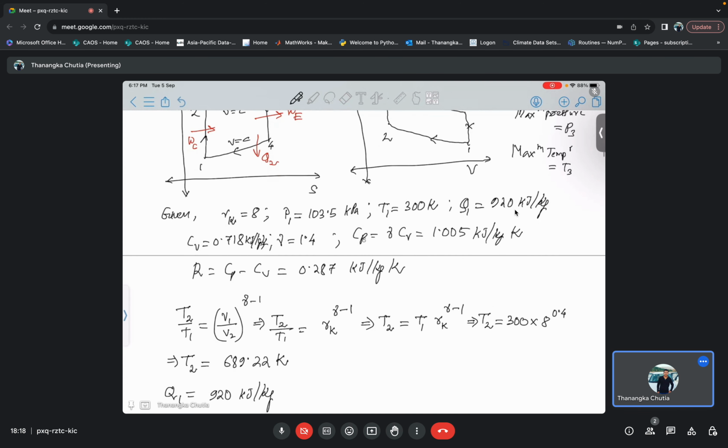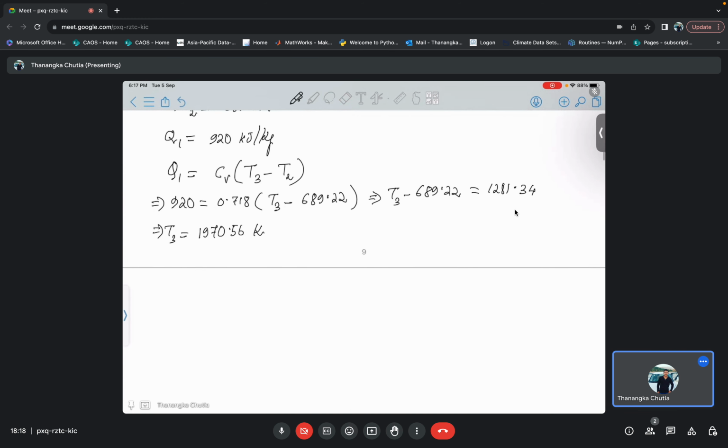Now, how will we calculate T4? Simple. We know T3 divided by T4 is equal to V4 divided by V3 to the power gamma minus 1, similar to the first question. So again T3 divided by T4 will be equal to V1 divided by V2 to the power gamma minus 1, since V1 is equal to V4 and V3 is equal to V2.